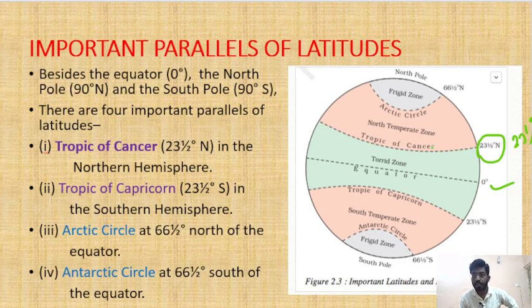This latitude is called the Tropic of Cancer. And this is the 66 and a half north latitude, called the Arctic Circle. At the pole we indicate 90 degrees, and that 90 degrees is called the North Pole.